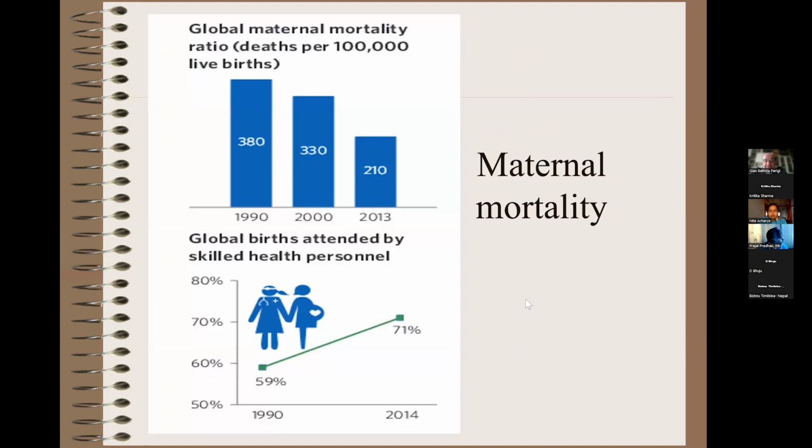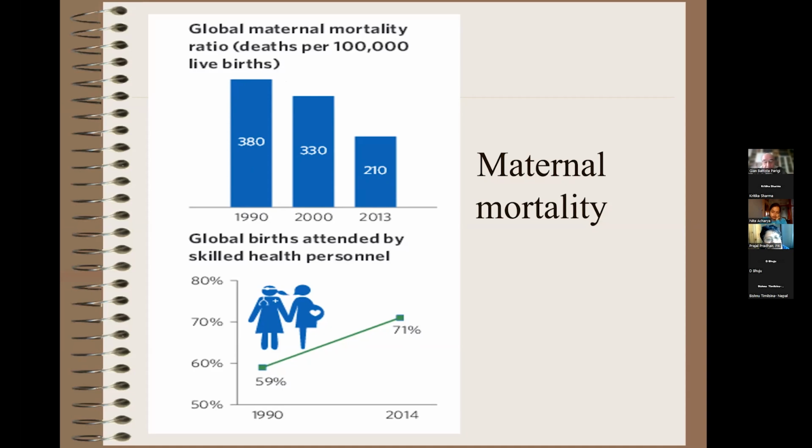But let's be a little bit optimistic. Generally speaking, at world level, the situation was 380 per 100,000 in 1990, and 20 years later, it decreased to 210, while the deliveries attended by skilled personnel increased.